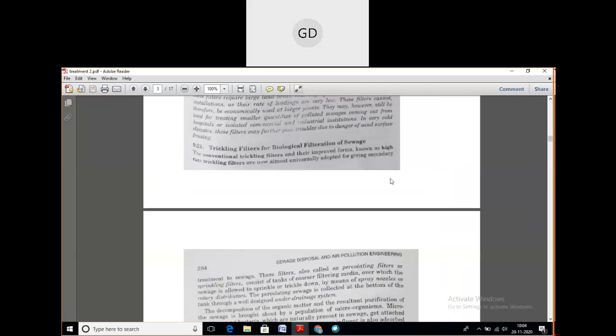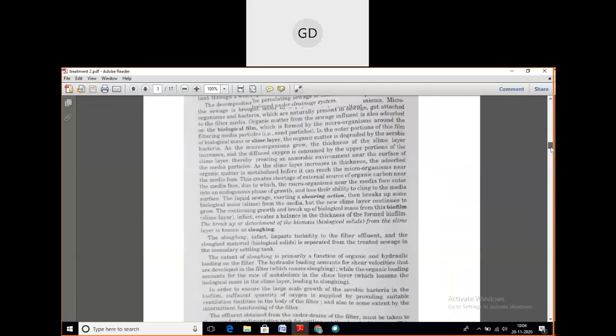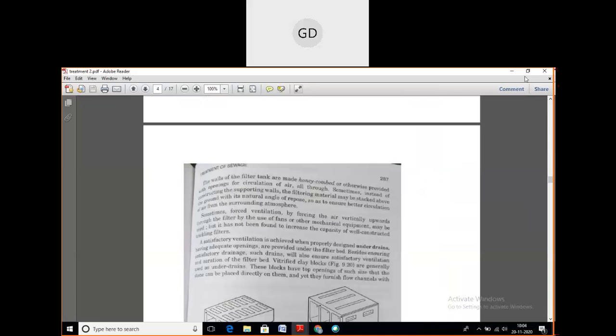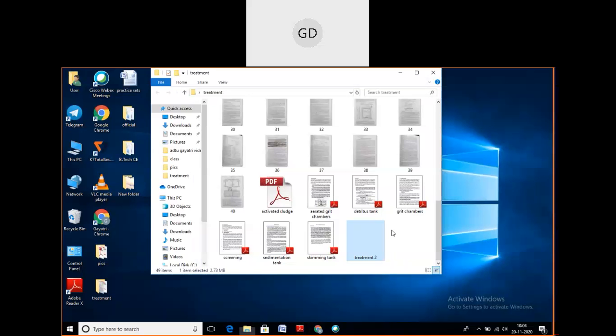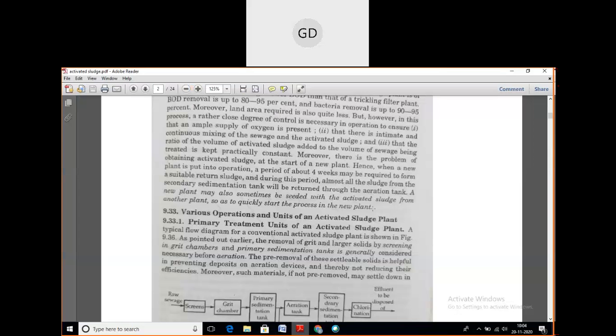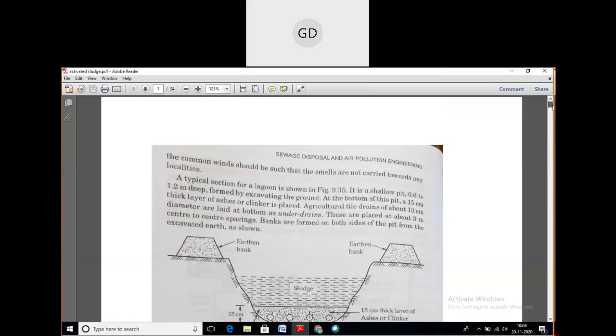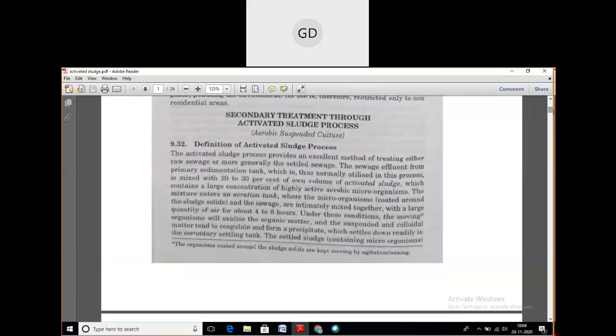So today, after your trickling filter, we have activated sludge. We have the activated sludge process. Today we will discuss this.